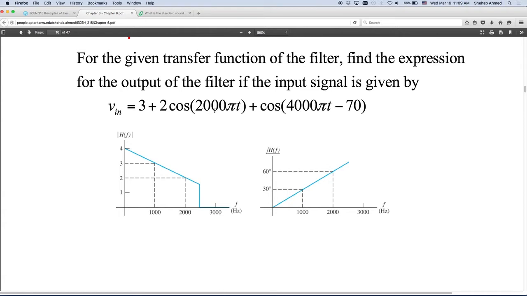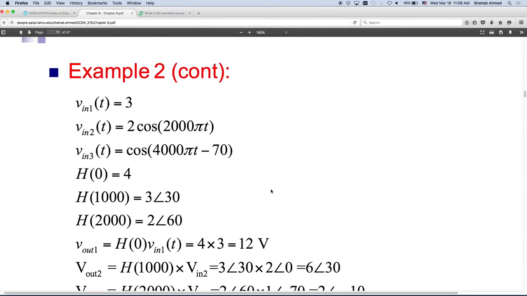And at 1000 hertz, the gain is 3, and the phase shift is 30 degrees. At 2000 hertz, the gain is 2, and the phase shift is 60 degrees.